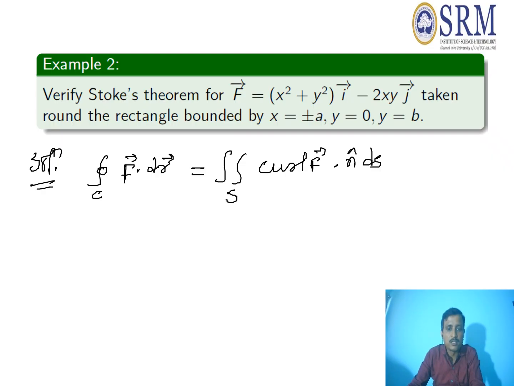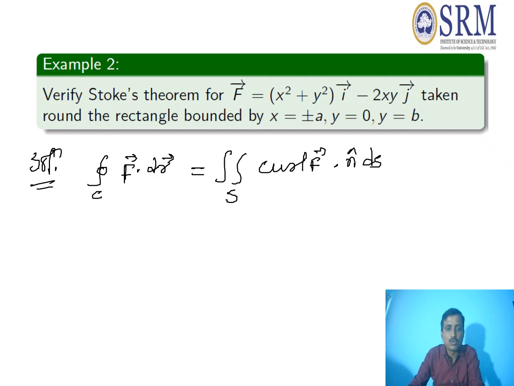So this is the LHS and this is the RHS. In the previous question we have done that RHS, the surface integration, so we can start with that one. For that you have to find the curl of F and n ds.